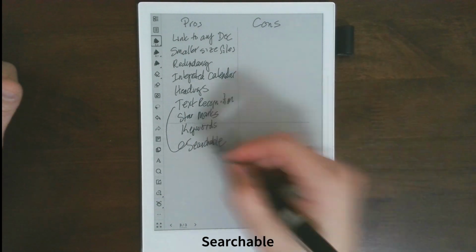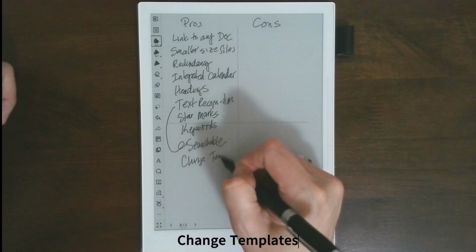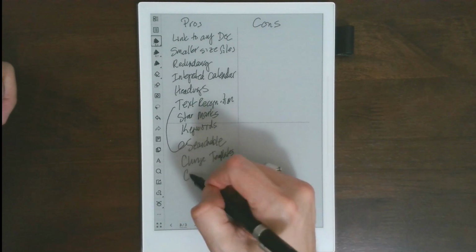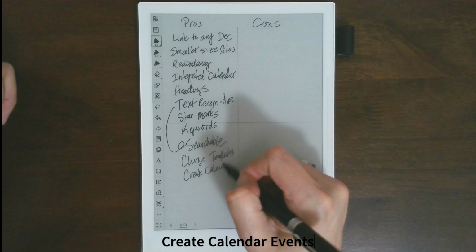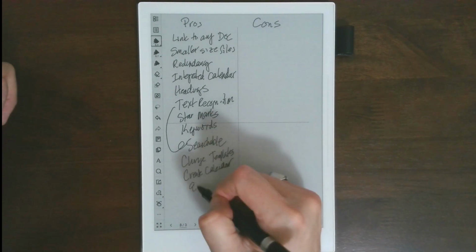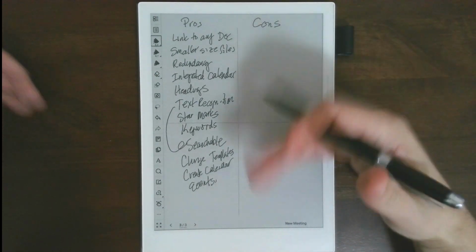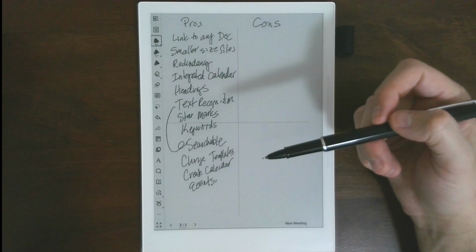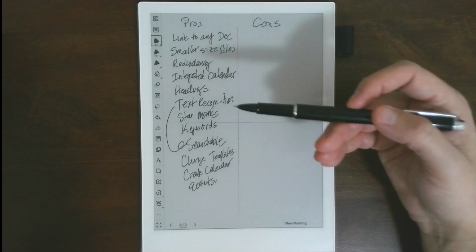You can also change up your templates, and you can create calendar events. Now that's a pretty good list of different things that you can do. And it really makes this a very usable and user-friendly device.